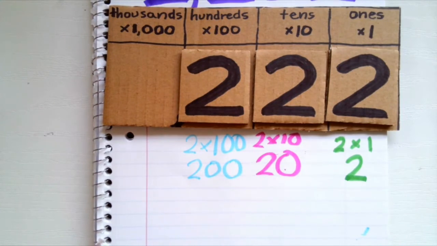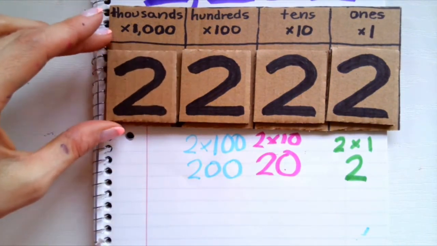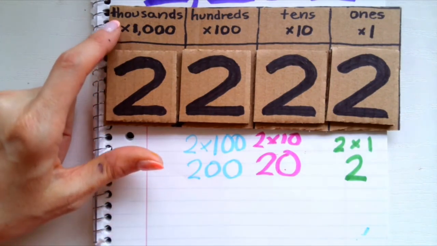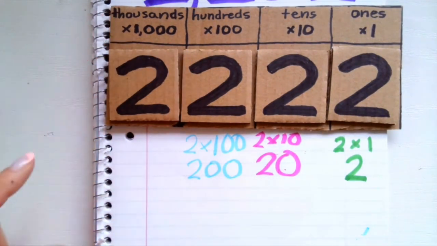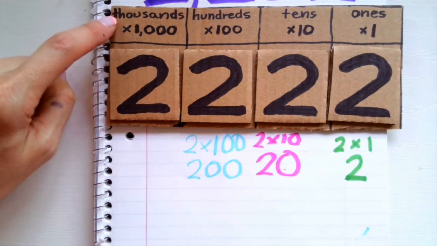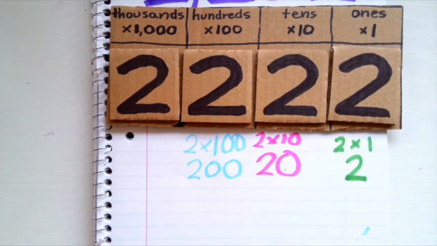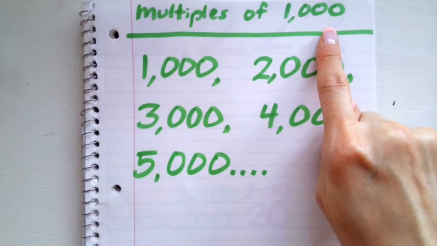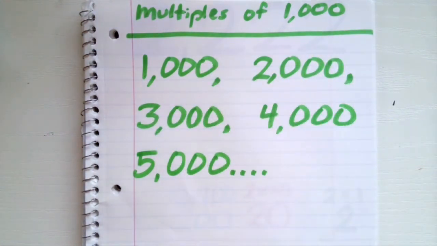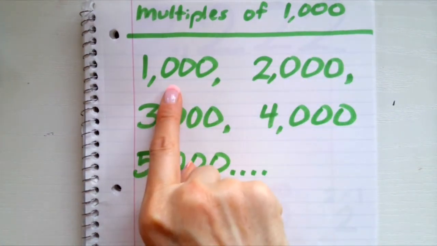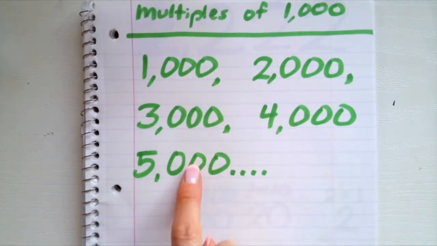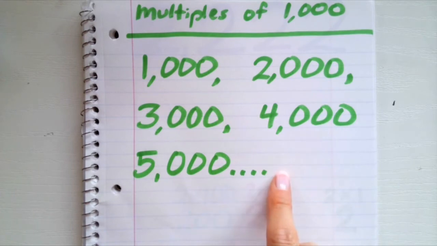What happens if we add another 2? What place value is this 2 in? It's in the thousands. So there are 2 thousands. How do you skip count by thousands? Do you remember? Multiples of 1,000, or skip counting by 1,000, looks like this. 1,000, 2,000, 3,000, 4,000, 5,000, and so forth.